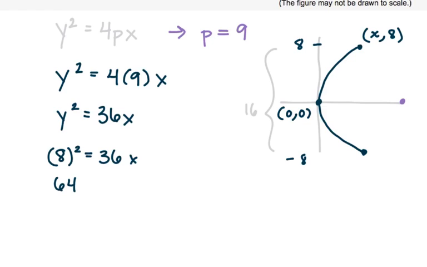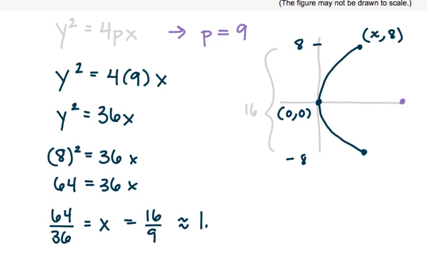So that gives me 64 equals 36x. Dividing on both sides, I have 64 over 36 equals x, which is the same as 16 ninths, or approximately 1.78. And that would be 1.78 feet.